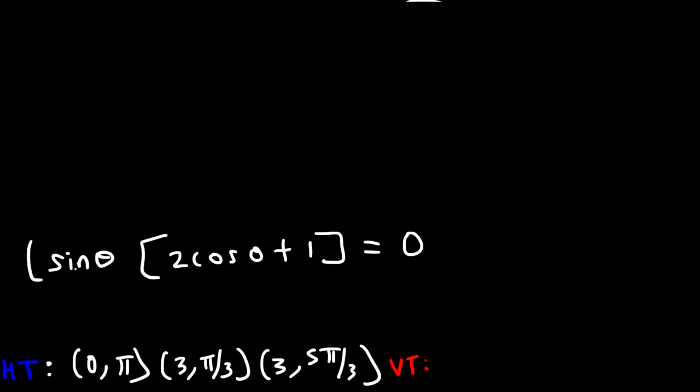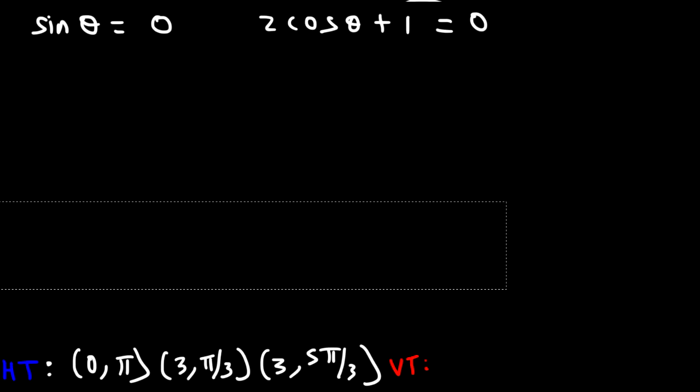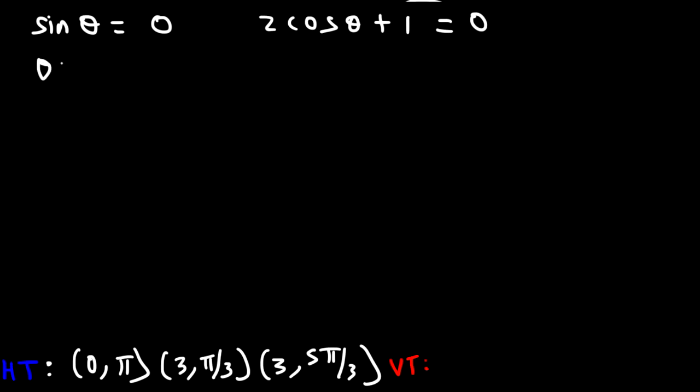Now let's set each factor equal to 0. So we have sine theta is equal to 0 and 2 cosine theta plus 1 is equal to 0. Sine is 0 when theta is equal to 0, because sine 0 is 0, sine pi is also 0, and sine 2 pi is 0. However, 2 pi and 0, they're the same, so we don't have to worry about 2 pi. Now for this one, we need to subtract both sides by 1.